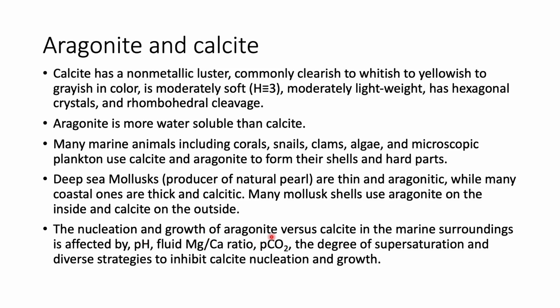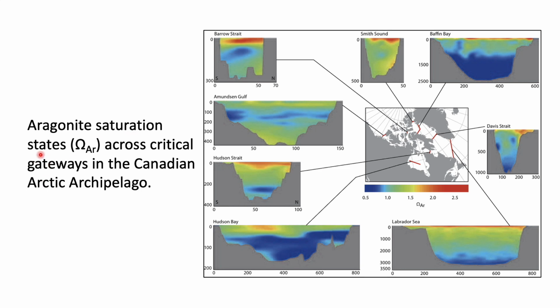The nucleation and growth of aragonite versus calcite in the marine surroundings are affected by the pH, fluid magnesium to calcium ratio, partial pressure of carbon dioxide, the degree of supersaturation, and diverse strategies to inhibit calcite nucleation and growth. So these are all the various things that are being carried out by the animals and the shells which exist in the sea. The aragonite saturation states are studied in the Canadian Arctic region.